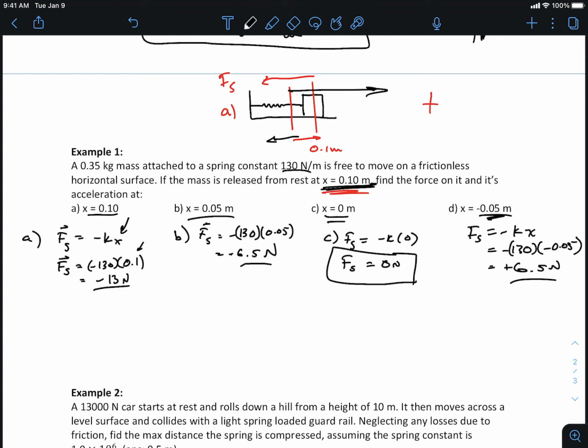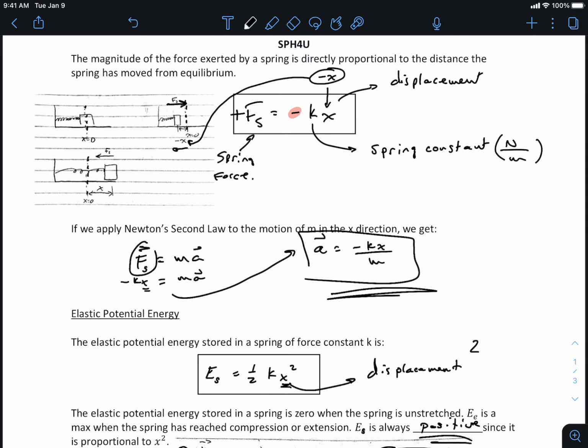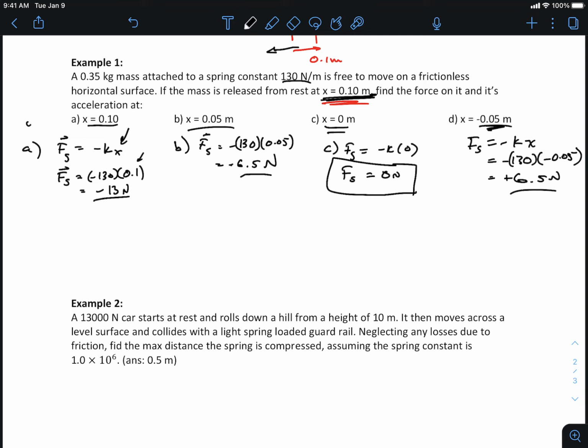Okay. Now the accelerations. We found out what the accelerations would have been in terms of an equation up here at the top. Right? The thing is you guys already found what Fs was, right? So if I was to write this statement down here, this will be all part 1, and part 2 would be to find all the accelerations. You would know that Fs would equal ma, right? And so we could take Fs and divide it by m, that would equal a.